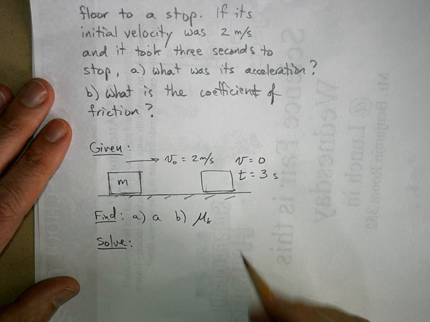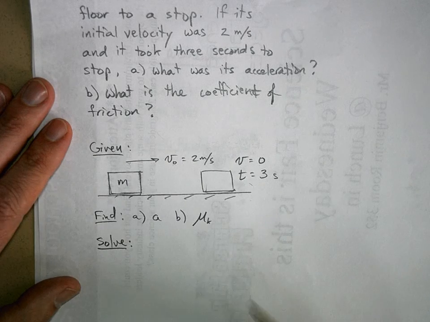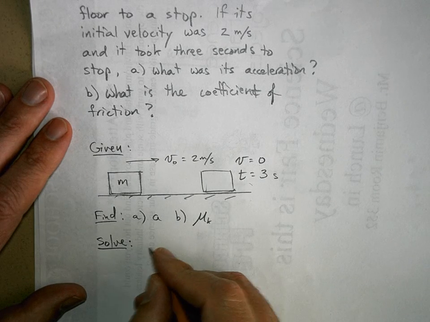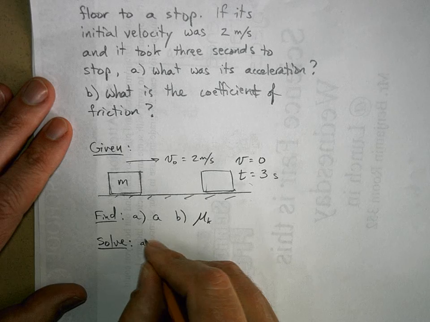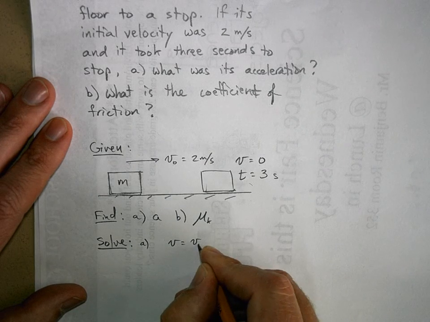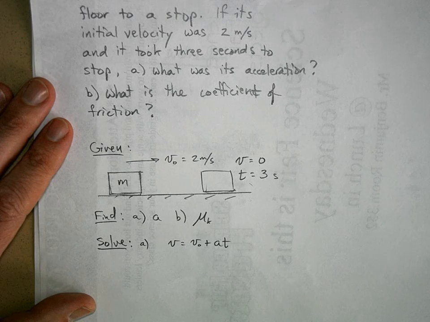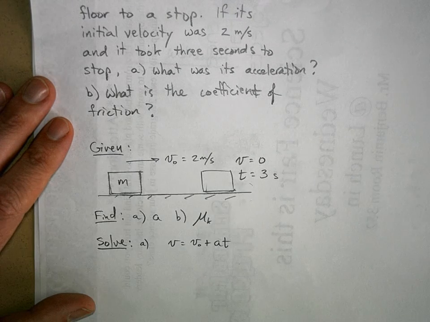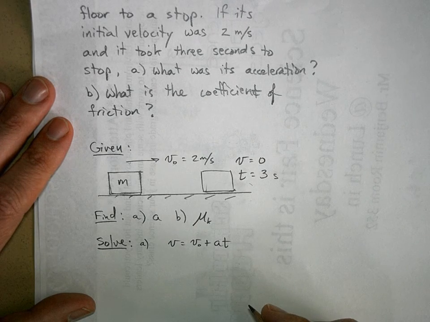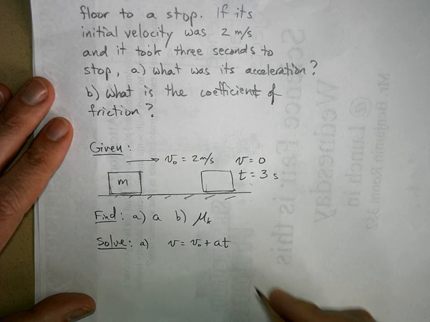To find the acceleration, we know the change in velocity and the time, so that's going to be pretty easy. V equals V naught plus AT. That's our first kinematic equation. So have those kinematic equations ready. Have your equation list ready to use.